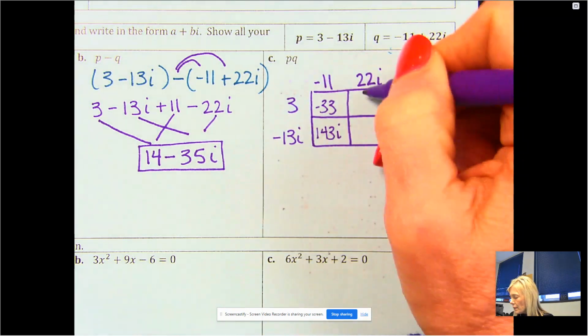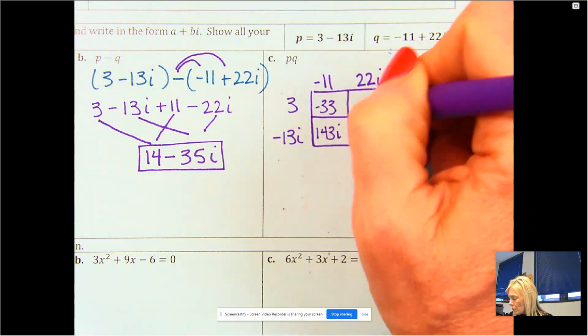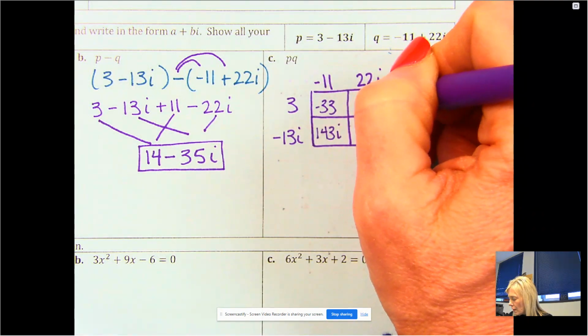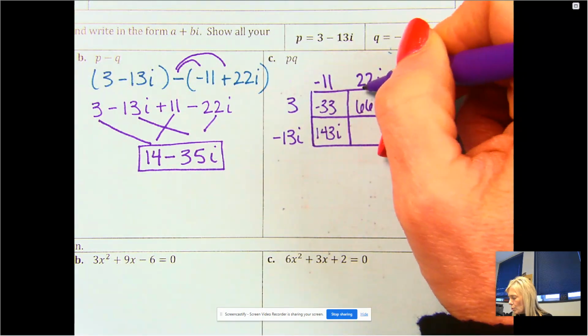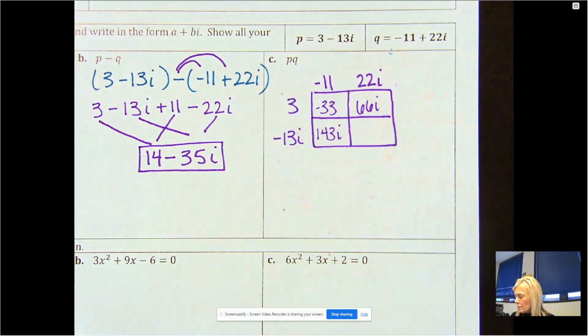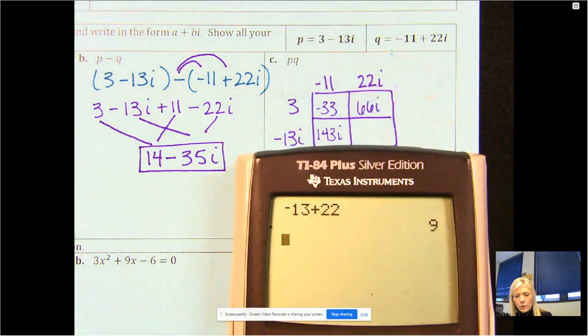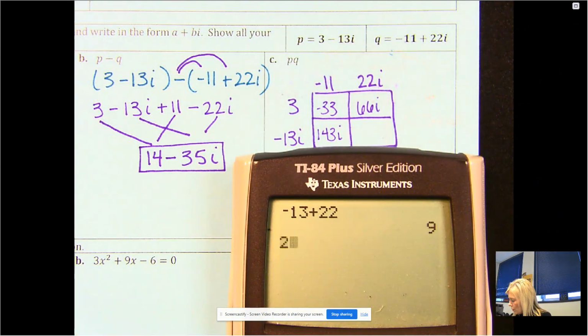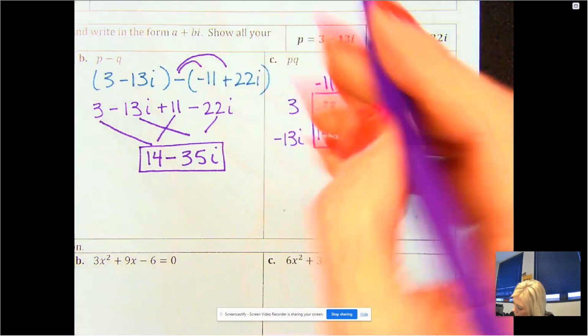Okay, now the next one, 22i times 3 is 66i. And then 22i times negative 13i, I don't remember what it is, so I'll just do it here. I'm just going to do 22 times negative 13. Negative 286.